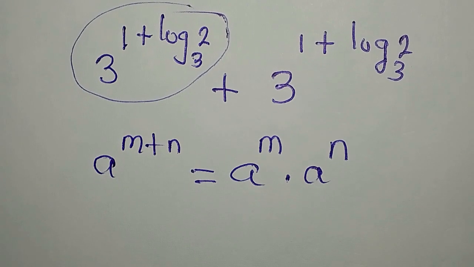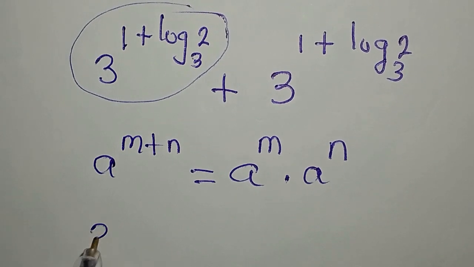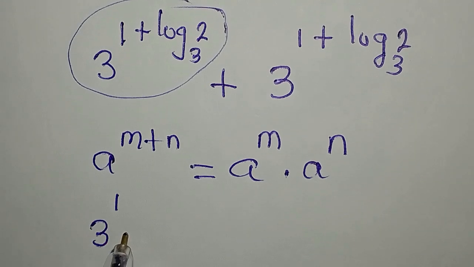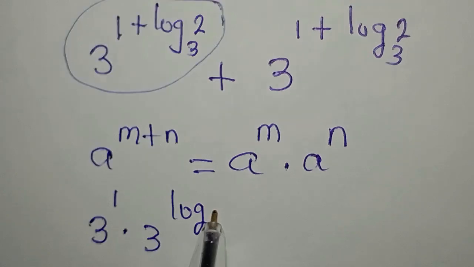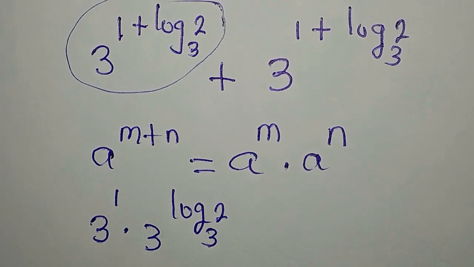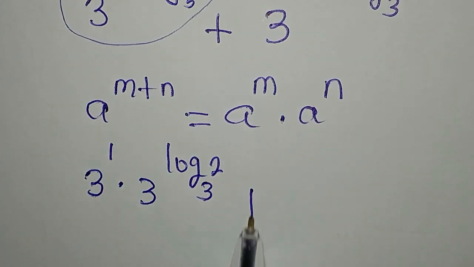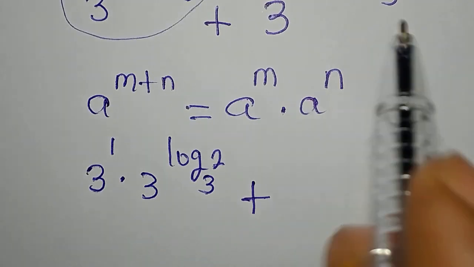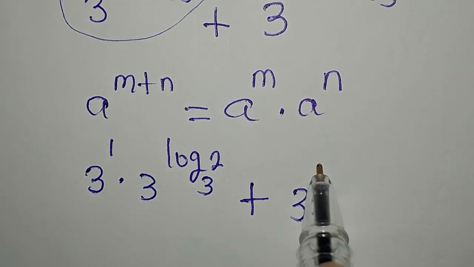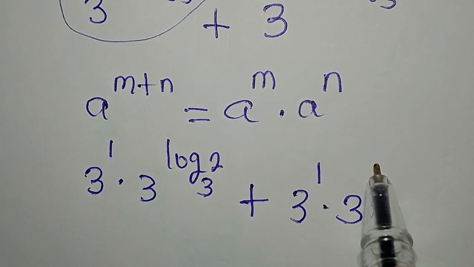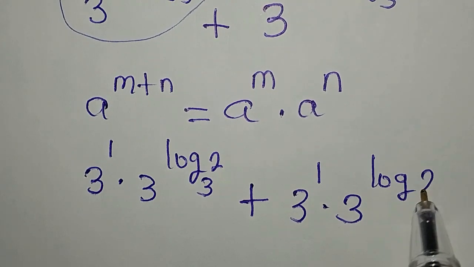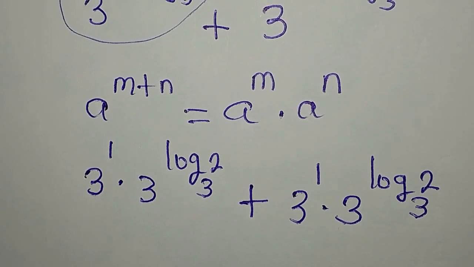So we're going to have 3^1 multiplied by 3^(log 2 to base 3), then plus, here again we have the same thing: 3^1 multiplied by 3^(log 2 to base 3).